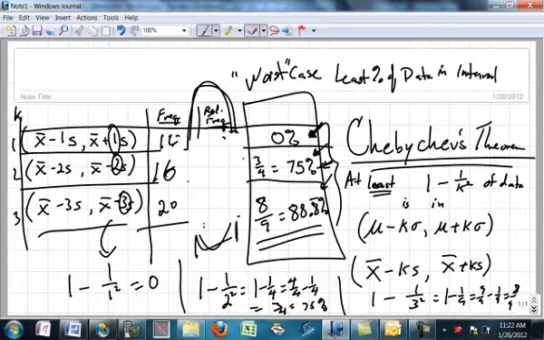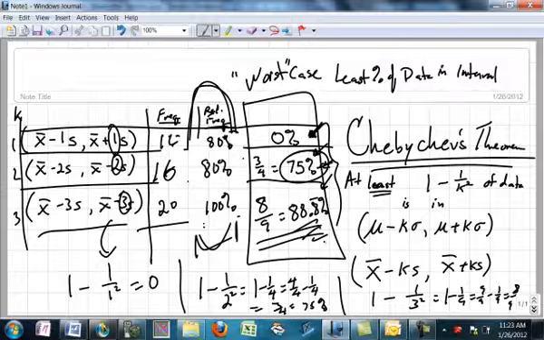Okay, so 80% of the data was here. Well, what are we guaranteed? We're guaranteed at least 75%, so we're getting fairly close to that. But notice when we did that, we ended up getting 100% of the data here, where we're only guaranteed about 89%. So, depending on the data set, these values can vary quite a bit. However, these are sort of the worst case scenarios.